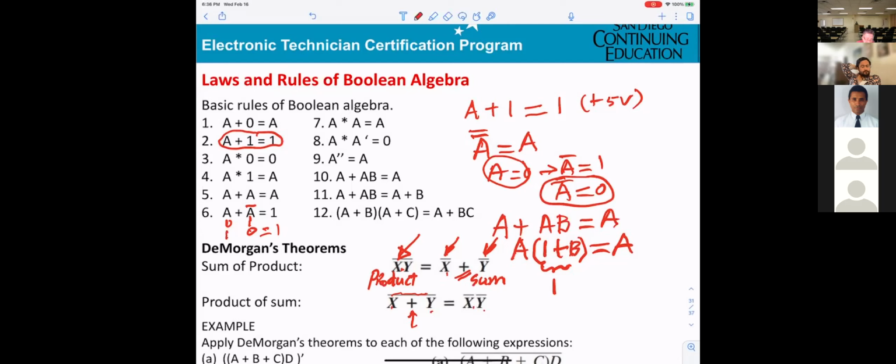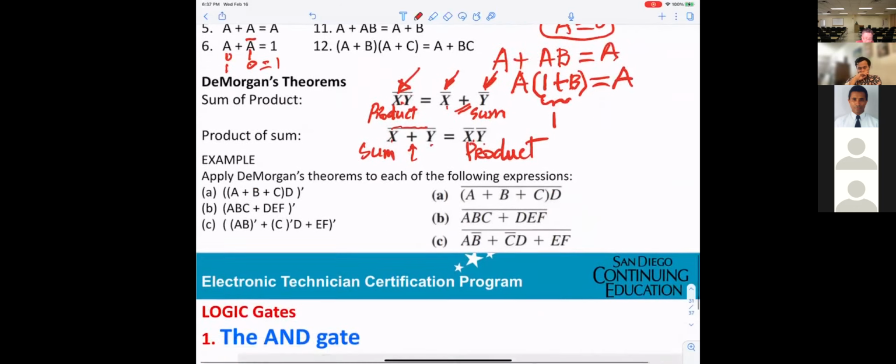So on this side you get the sum, and on this side you get the product. Basically, you are just converting from product to sum or sum to product. Make sure AND is changed to OR. That means multiply has to be changed to add, and adding changed to multiply, the product.